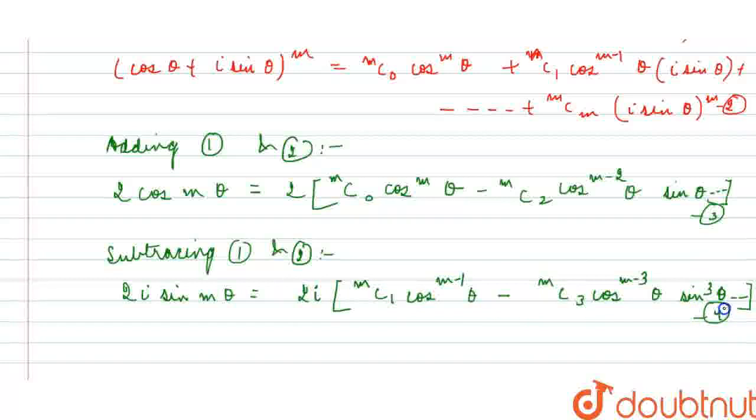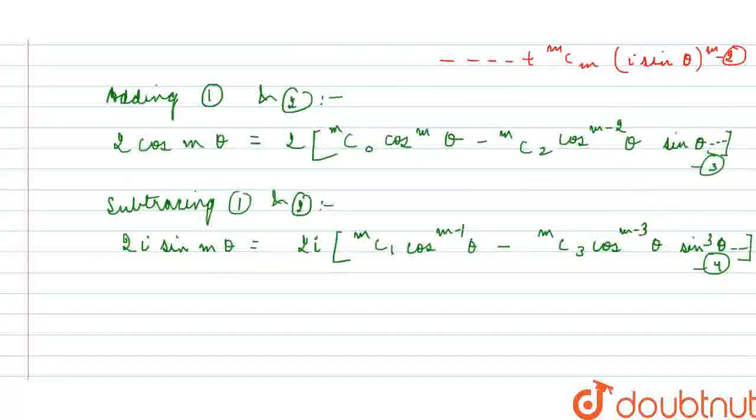So now what I'll be doing here is adding equations 3 and 4 again. Adding 3 and 4, this 2 will be taken common and this will be cancelled with this 2, and I'm writing down the final result.